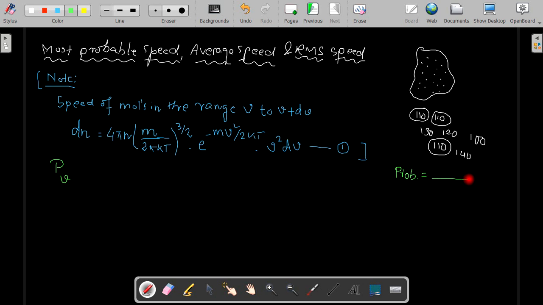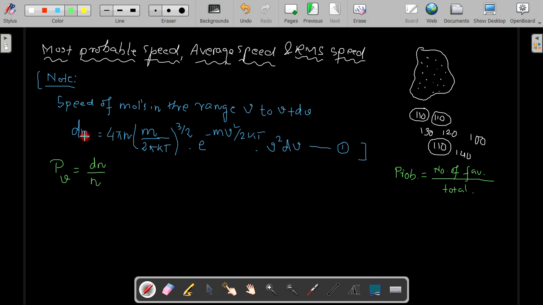The probability is the number of favorable cases divided by total cases, right? This is something which we know. So the number of favorable cases, that means the particles having the speed between the range v and v plus dv, would be nothing but dn, divided by the total number of cases, that means the total particles, which is nothing but n.